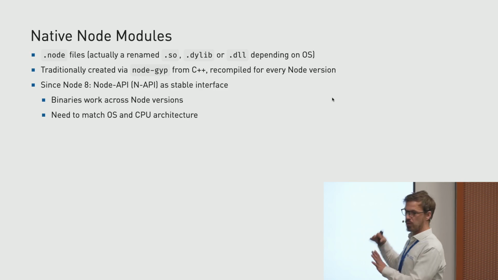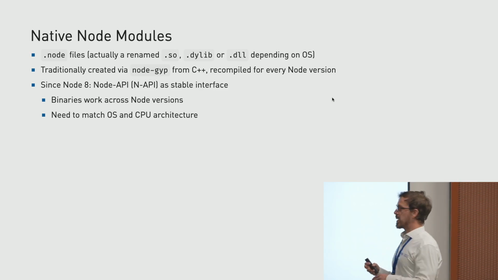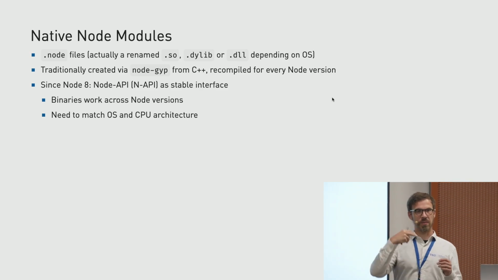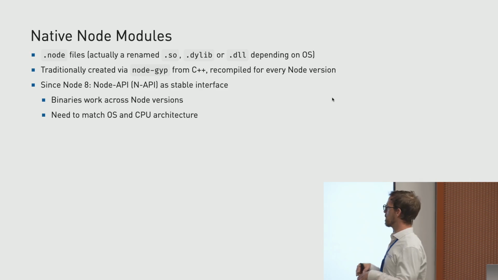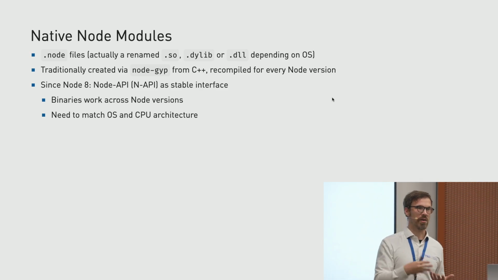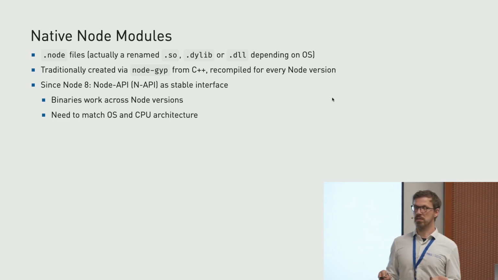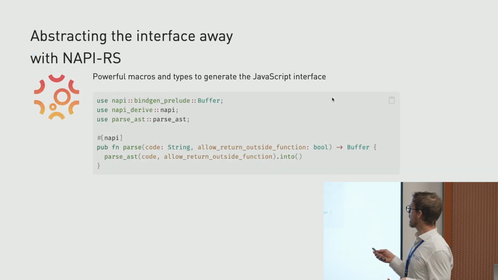So in Node 8, they introduced a stable API, which means you build your tools against the stable API. You just specify the API version, then it works across Node versions. The only thing is you still need to recompile for every operating system and for every CPU architecture. So that's that.